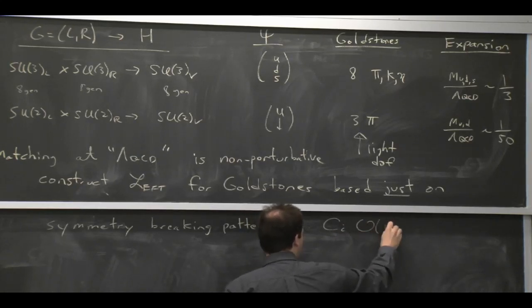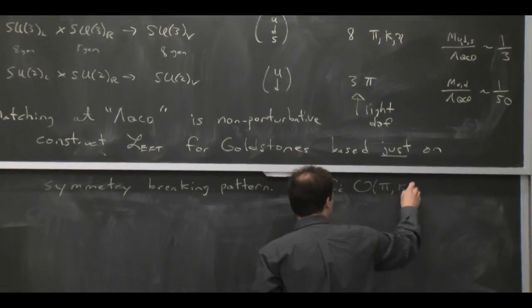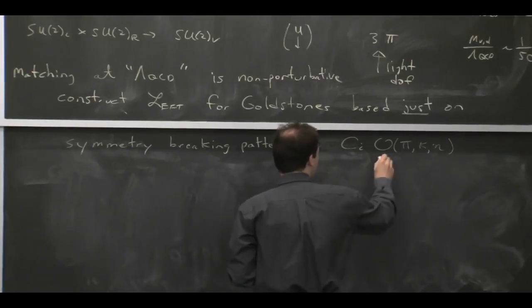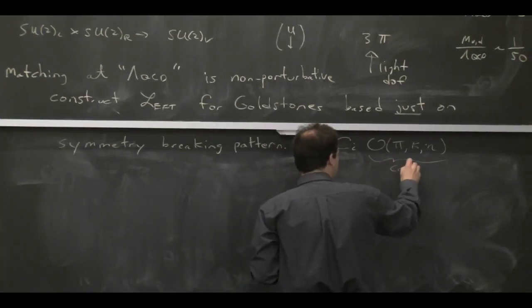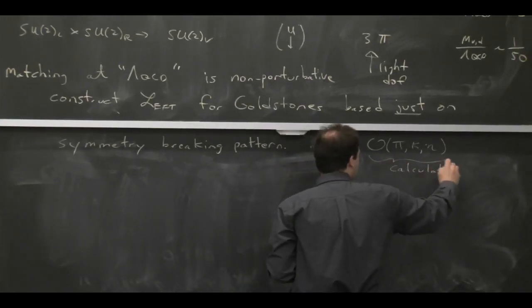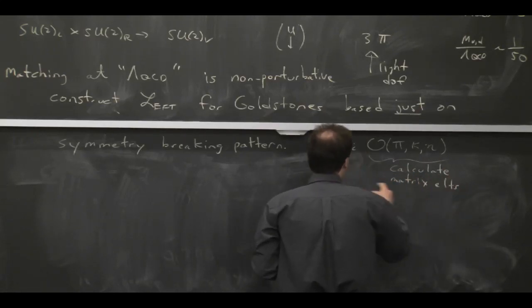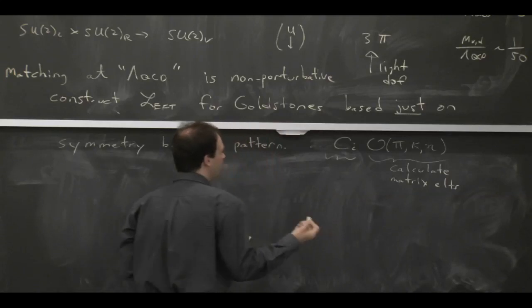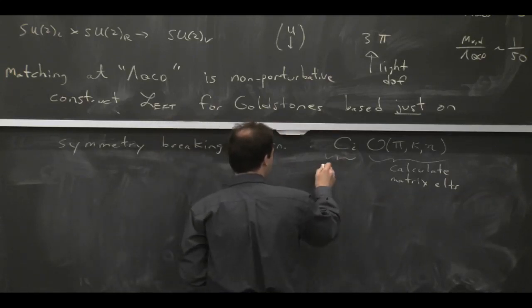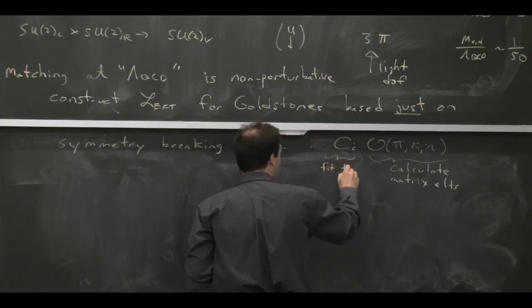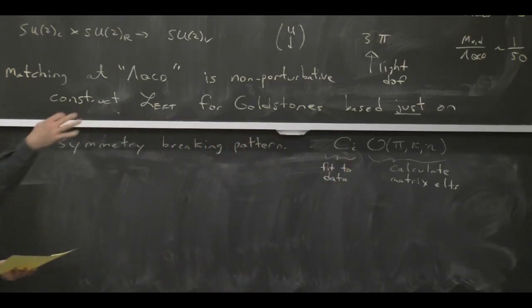The operators will be built out of your pion, kaon, eta fields, and you'll be able to calculate matrix elements of these. But you'll get some coefficients and you don't know the values. So these coefficients you could fit to data, because you haven't determined them from some high level theory. You just could fit them to the data and do phenomenology.